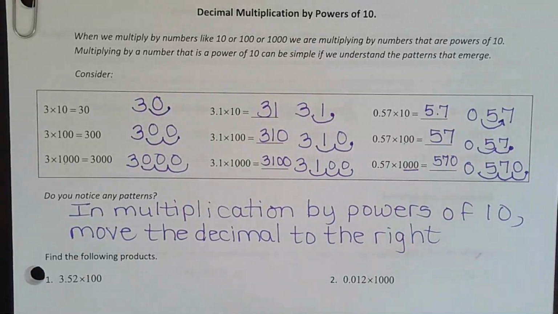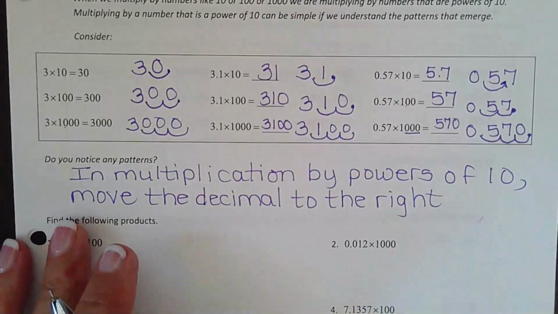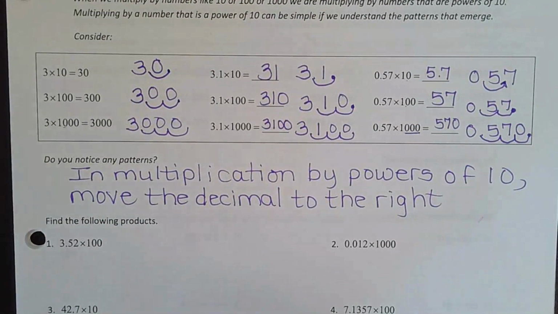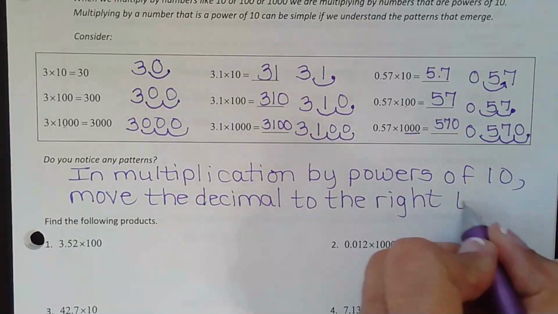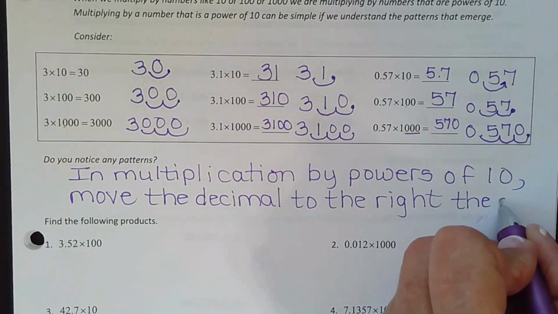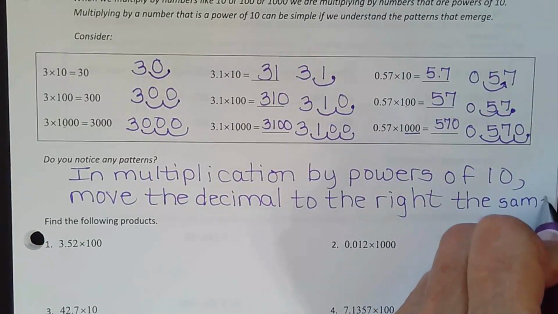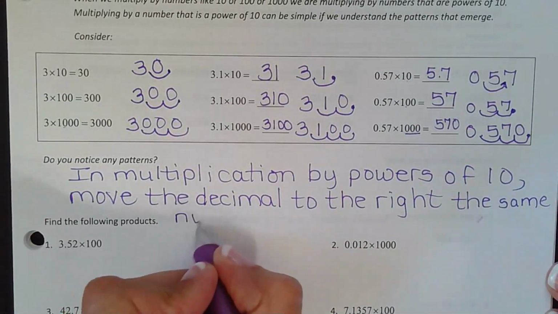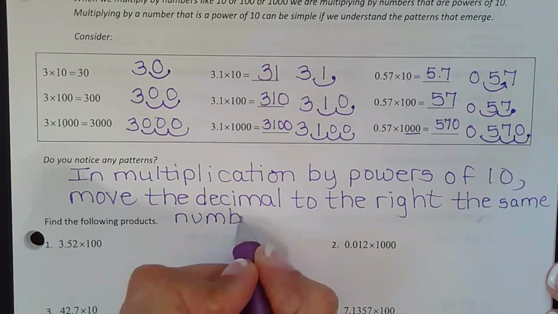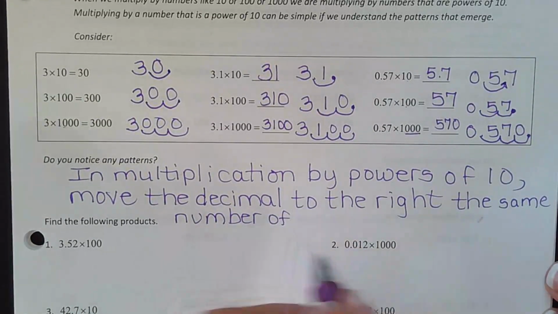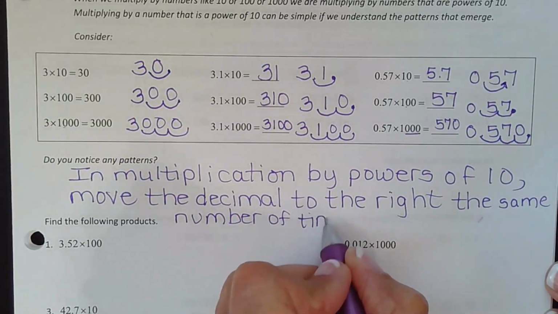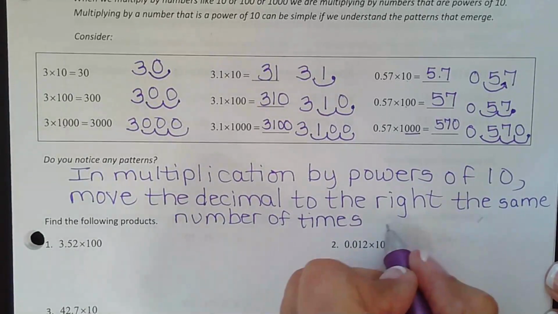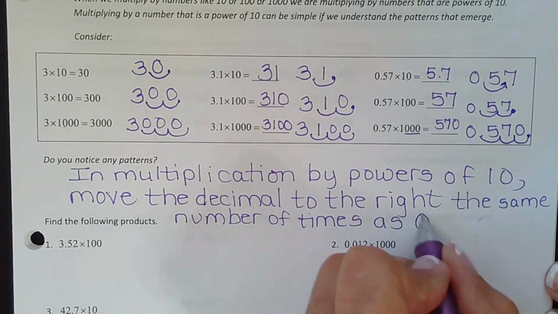How should we say that? The same number of times as zeros? Does that make sense? Move the decimal to the right, the same number of times as zeros. I don't know.